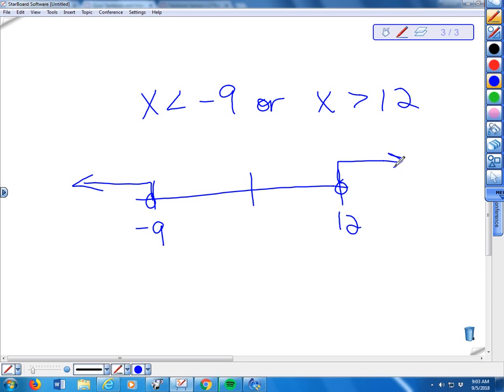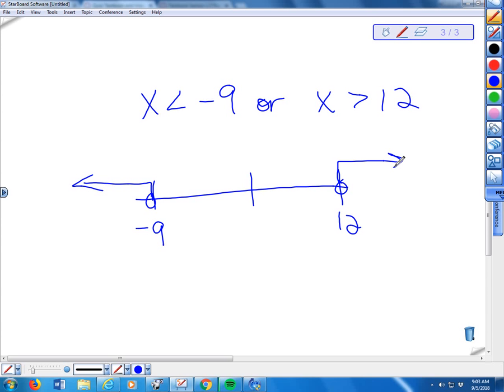Why can't it be an AND? Yeah, there's no way I can have it both ways. I can't say x is less than negative 9 and greater than 12 because there's no number that meets that criteria.